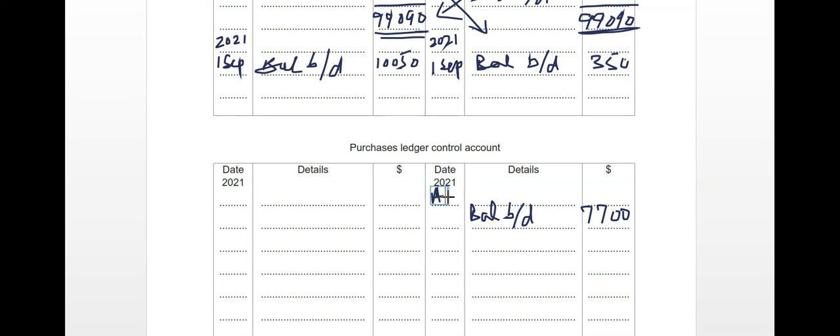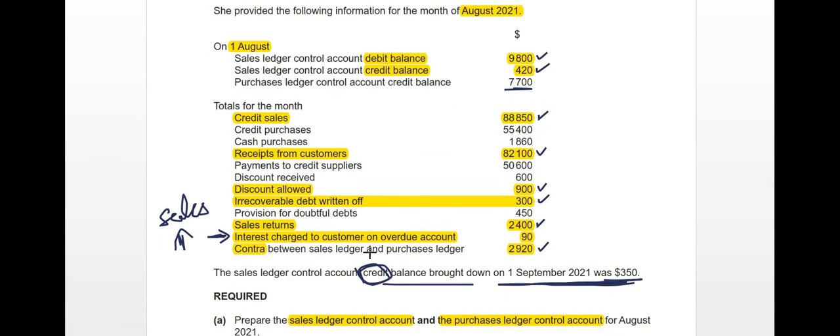We will write down the date, so this is 1st August, and all the other entries will be coming on 31st August. So there is no need to write the date again and again. You can just give one heading and move on.